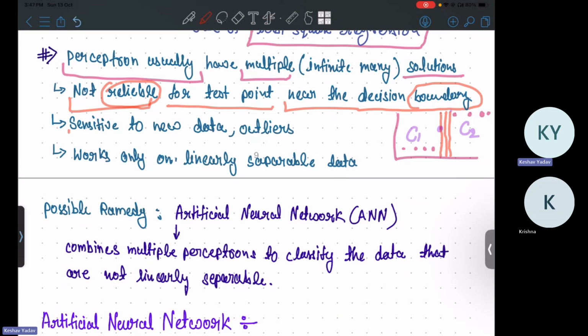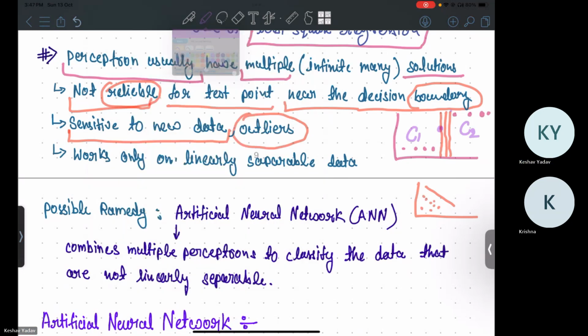Now, since the perceptron uses all the data points to find out the weights and biases, it is sensitive to new data that may be an outlier. Suppose this is my boundary, these are my data. So maybe new data come in this range.